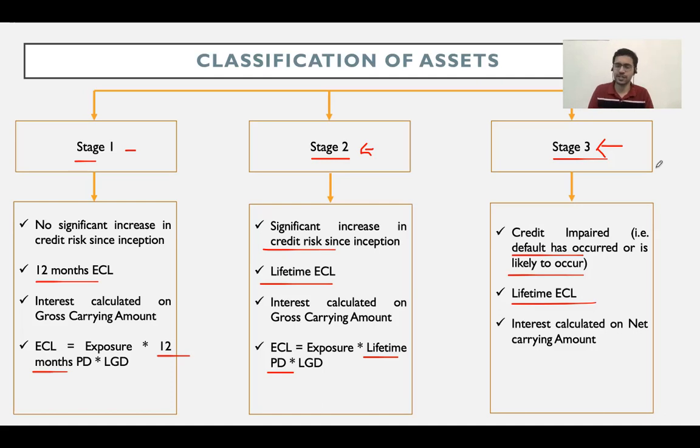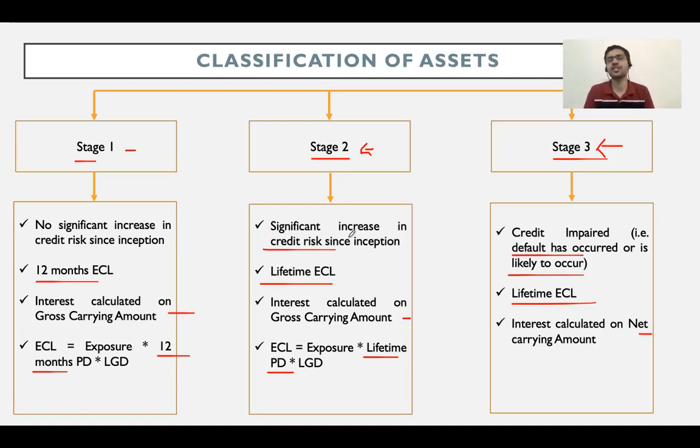That is one difference. The other difference is with regard to recognition of interest income, which I've not covered. All right, I skipped interest under all the three boxes. The difference lies in the way I'm going to calculate my interest income as well. Remember, under amortized cost and FVOCI, we had calculation of interest using the effective interest rate.